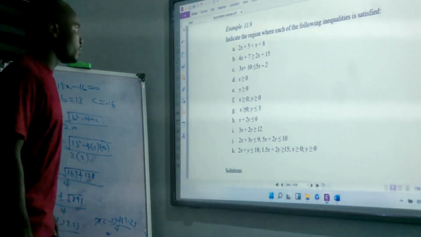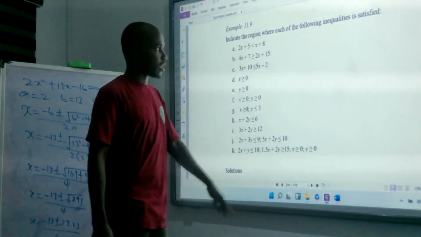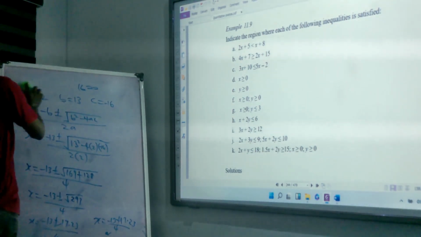So we have to indicate the region where each of the following inequalities is satisfied. We'll take the first one.